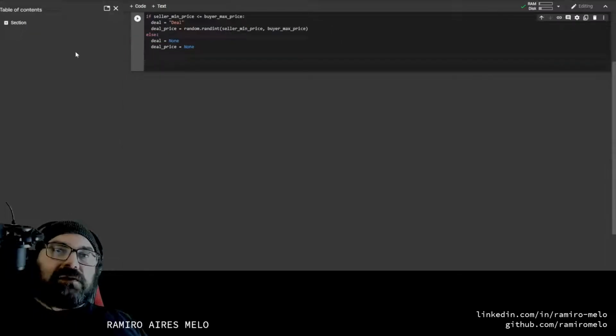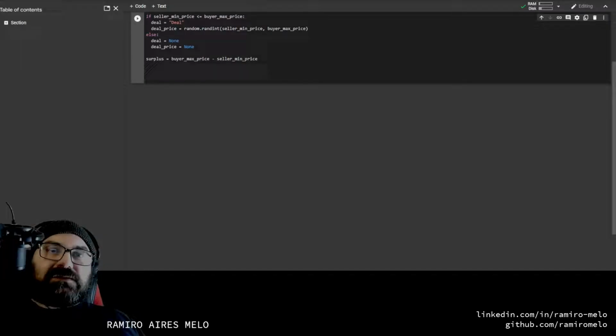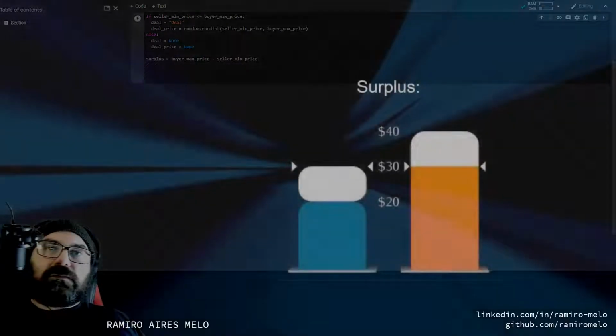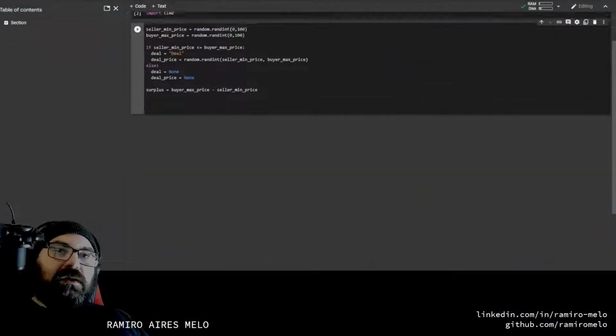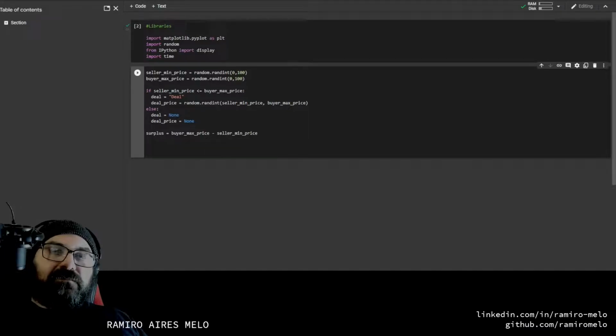Now let's code our surplus. The surplus will be the difference between these two prices, as we saw on the slide right here. And now basically we have the numbers that we need for the simulation.